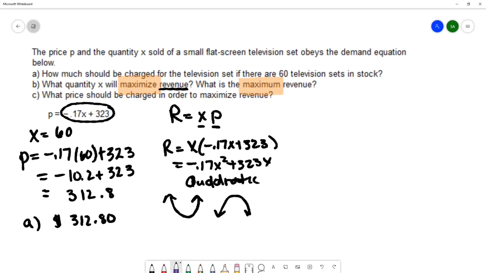And because our leading coefficient is negative, we know that it's this down-facing parabola here. Anytime the leading coefficient is negative, we get a down-facing parabola. We're looking for the maximum, and the maximum will be at the vertex. So we're going to be able to answer part B of this question if we find the vertex of this revenue function.